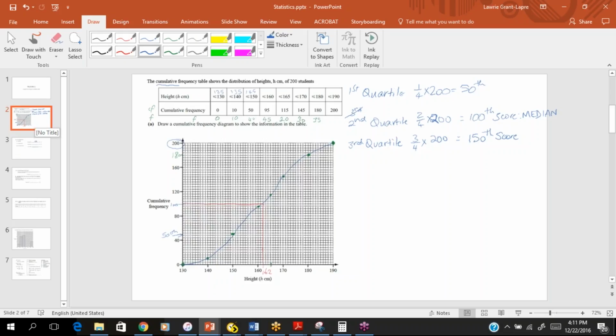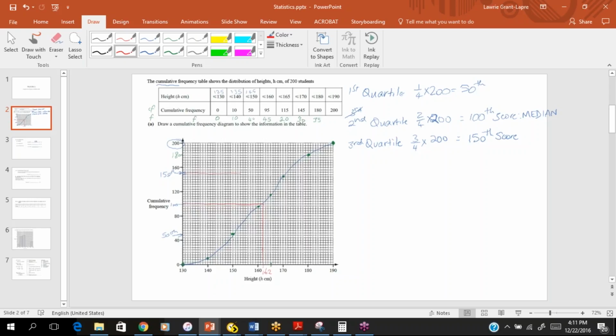That's 124, 28, 32, 36, 140, 44, 48. It's in here between 148 and 150, halfway between that line there and that line there. So let's go across in that space.